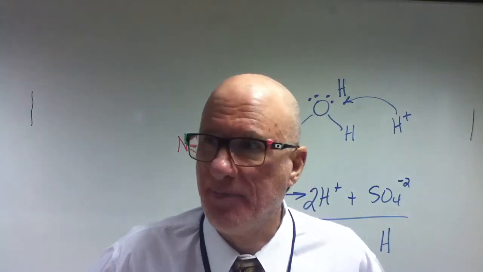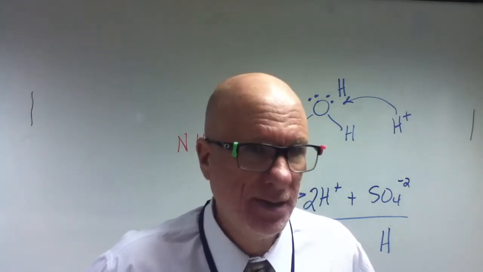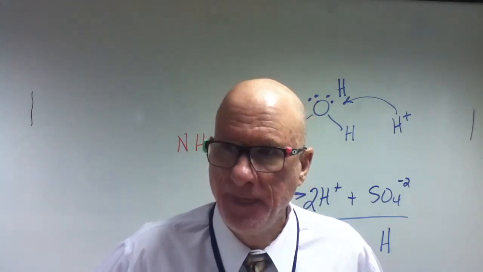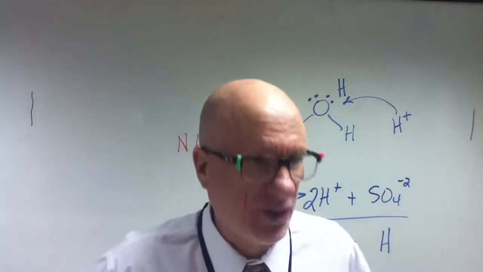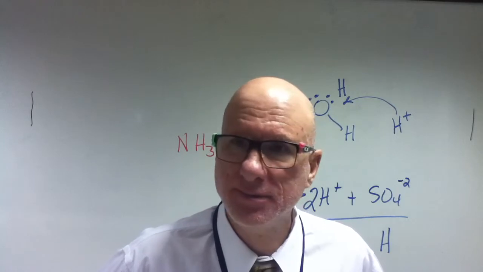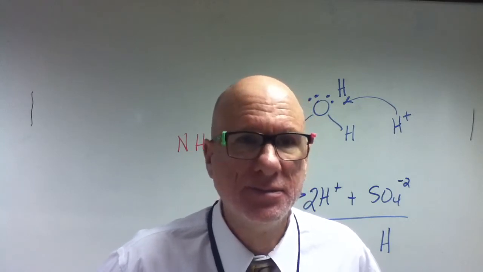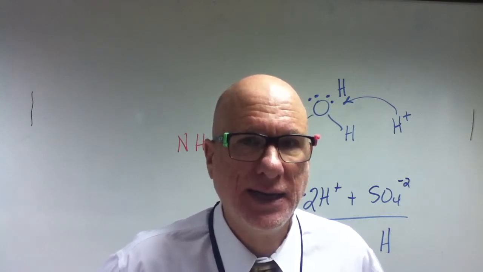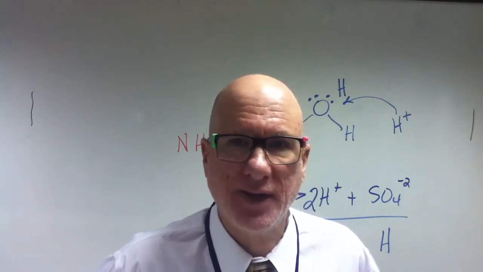What is the name of the bond between 2 atoms where both electrons come from one of the atoms? Covalent? No. Something else. I need an adjective. What kind of covalent bond is it?